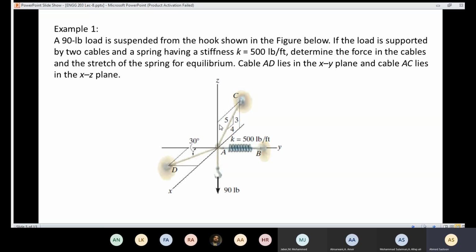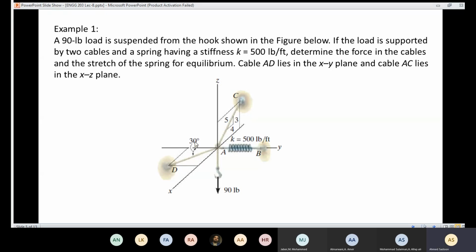Here he gave us a note. He said that the cable AD lies in the XY plane. That's a very important point, because I don't have any component in the Z direction.